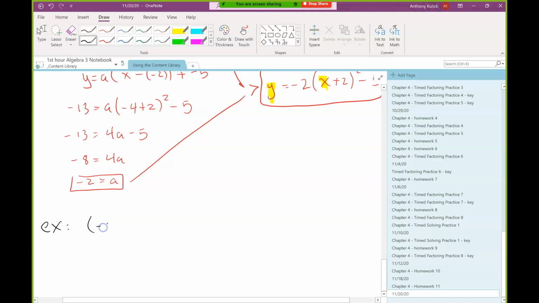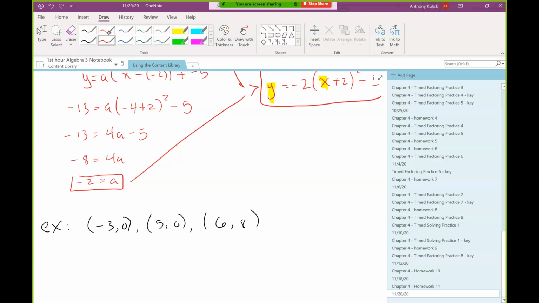So let's say we're given these 3 points.